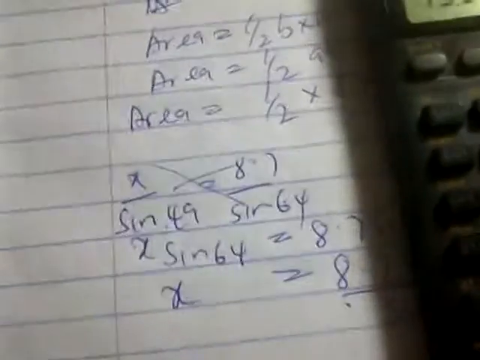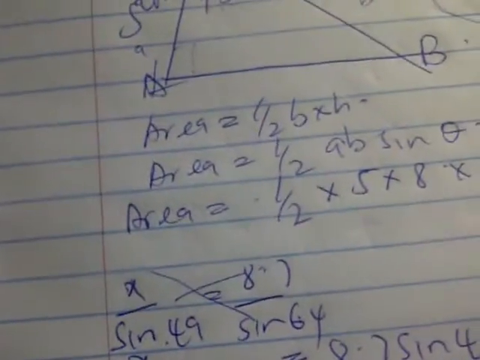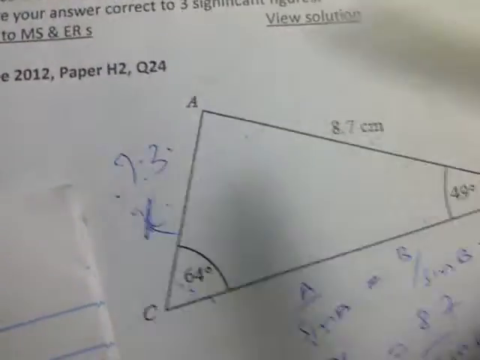Now let's punch this out. 8.7 sine 49 divided by sine 64. We're going to have our x to be 7.3. That's our x, and that's here, 7.3. Now, having gotten this, we've not finished.